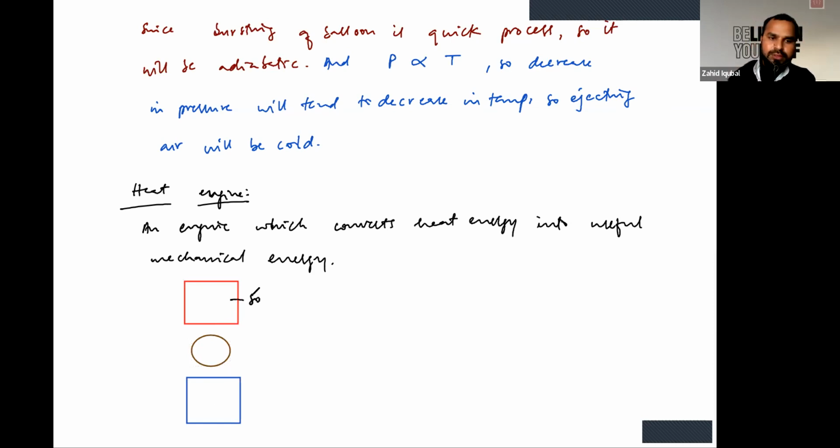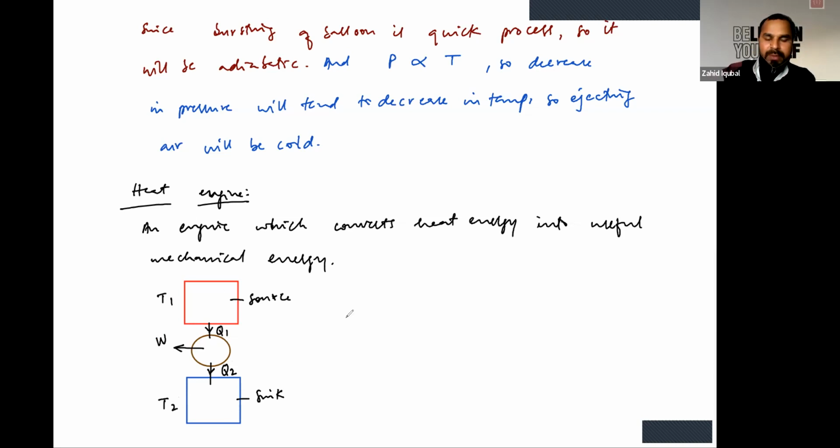This is called the source or heat reservoir, having temperature T1, from which it absorbs Q1 amount of heat. And by absorbing this heat, work is done on the piston to expand or contract it, and some amount of heat is ejected into the surroundings, which is called the sink, having temperature T2.